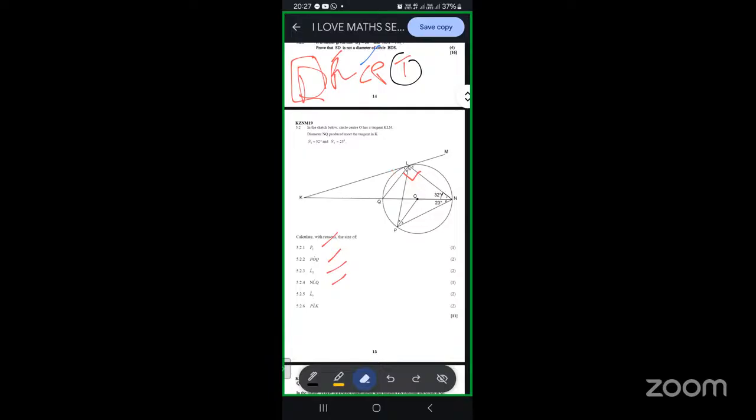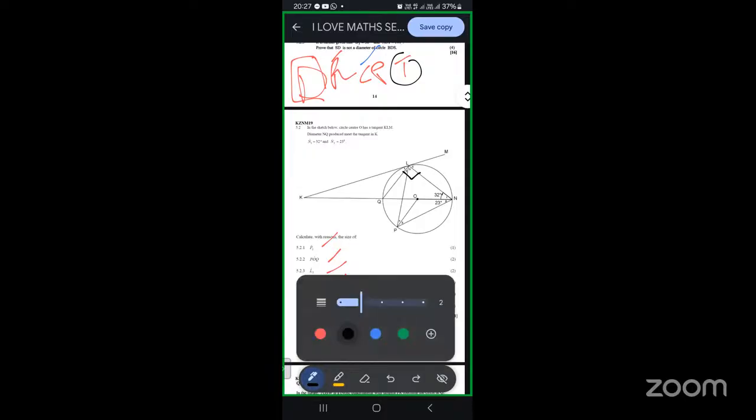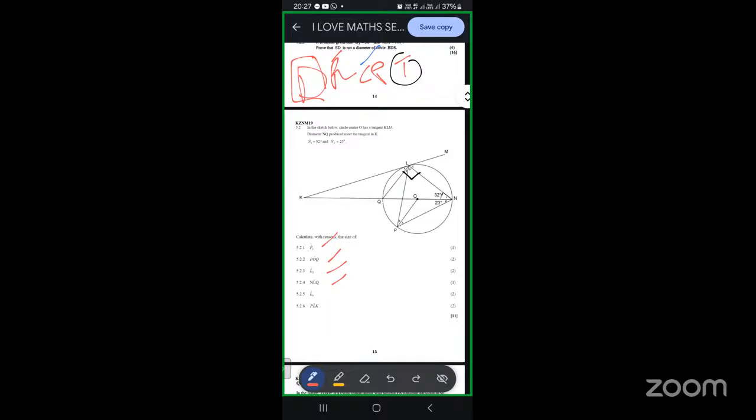Did you understand why Ethan said this angle here will be 90 degrees? Yes, sir. Are you sure? Yes, sir. All right, fine. Then let's come to this point. Did you agree to that part where we said this angle here is 23 degrees? Yes, sir. What was the reason behind that statement?